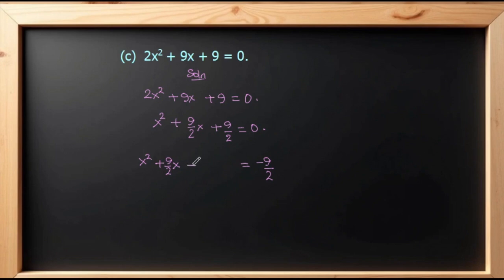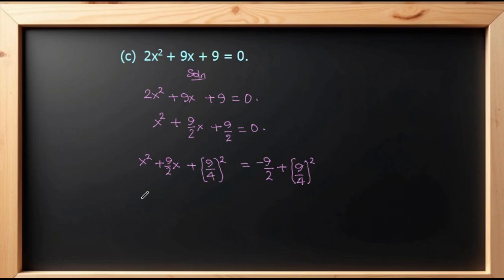So what we have to do here is half of 9 over 2 is just like multiplying this number by a half. So we have here 9 over 4, and this number is to be squared. So we also add to the right hand side where we have our 9 over 4 also squared. So having done this, then we can simplify this side and also the same to the right hand side.